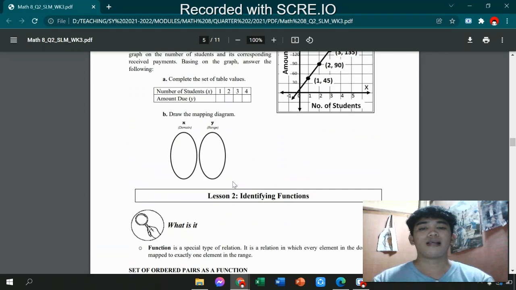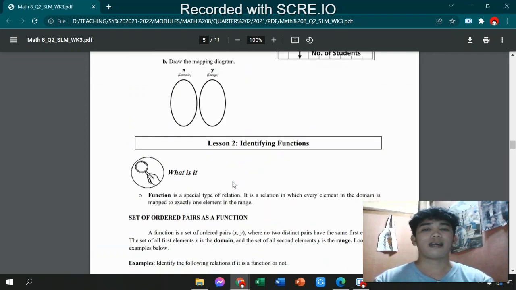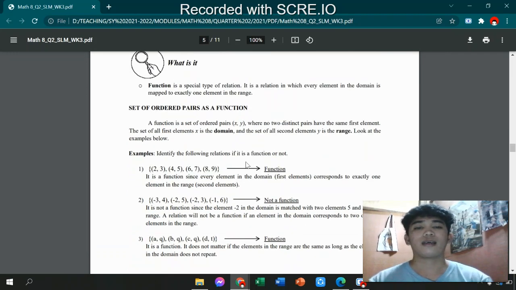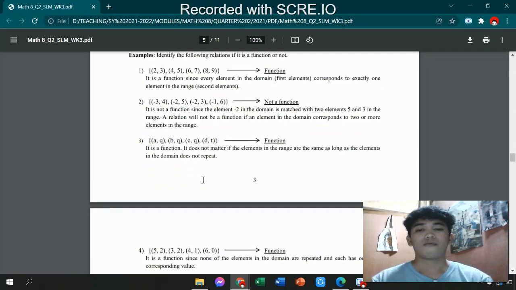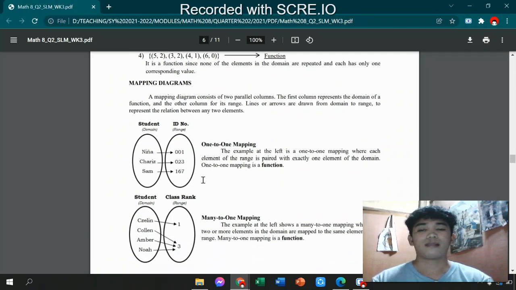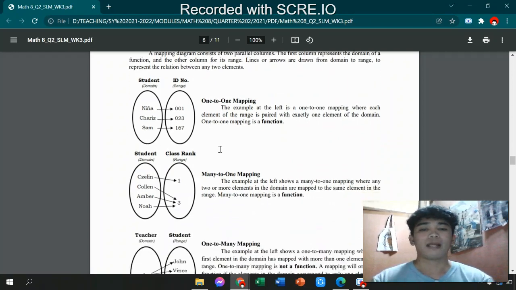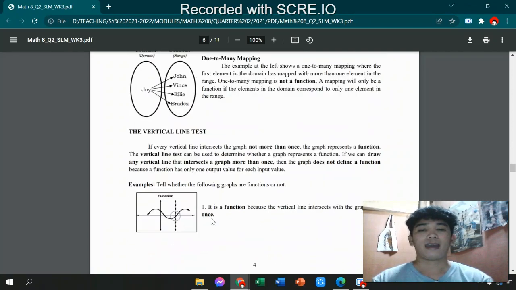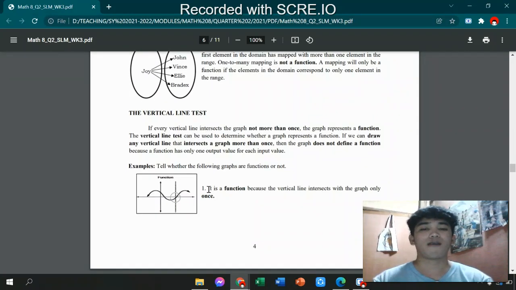We also talked about how to identify functions. If we were given a set of ordered pairs, how can we identify whether that ordered pair is a function or not? We also talked about the different mapping diagrams: one-to-one mapping, many-to-one mapping, one-to-many mapping, and we also talked about how to identify whether a given graph is a function or not by doing the vertical line test.